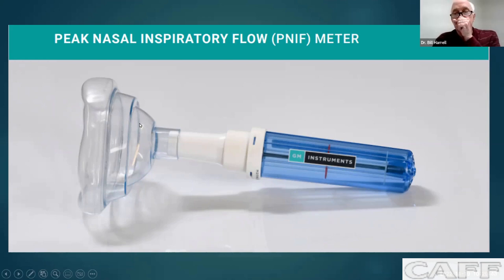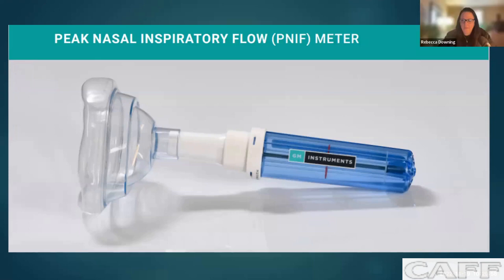You have the patient put it on their face, over their nose, and exhale all the way out. Then they inspire real quickly, and that little red wafer will move up. It's got a scale on the other side, 0 to 800 or whatever it might be, and it measures that inspiratory flow.